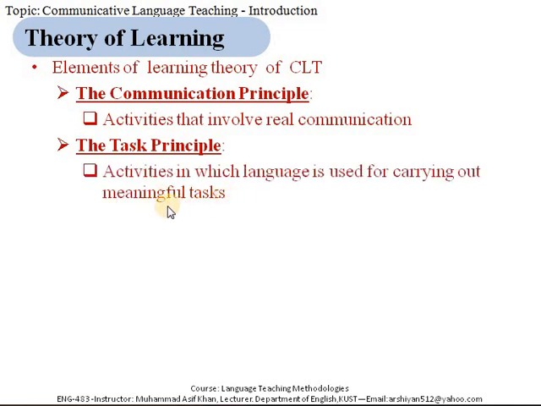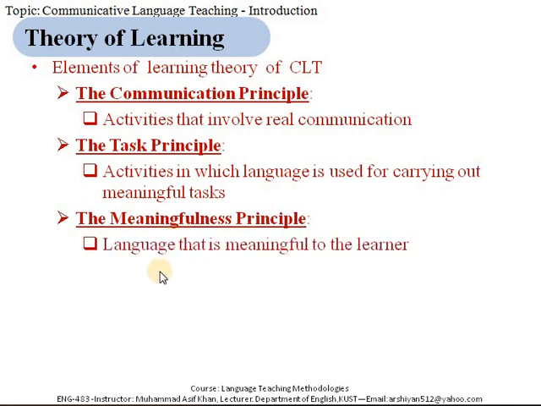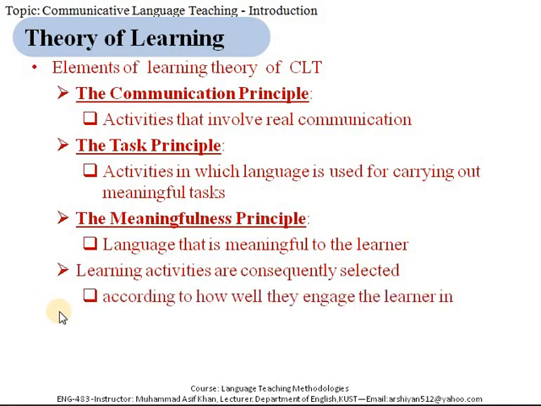The third element is the meaningfulness principle, and it means that language that is meaningful to the learner supports the learning process. So learning activities are consequently selected according to how well they engage the learner in meaningful and authentic language use.